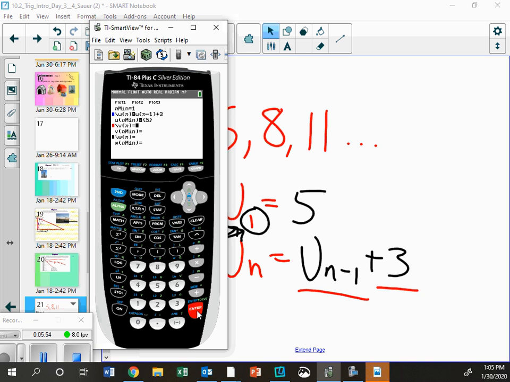If any of those are dark, that means you've selected that plot and are going to try to plot it. So plot 1, plot 2, and plot 3 at the top should not be darkened in. There are other little errors that can happen, but when your calculator craps out, just instantly compare with the kid next to you. If they can't figure out what's going on, raise your hand, okay?